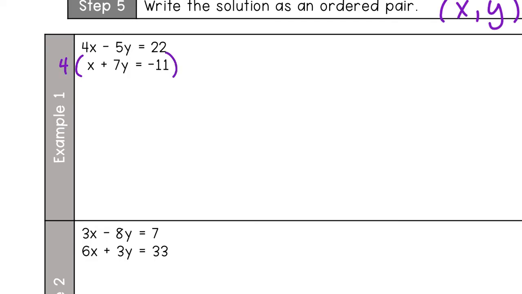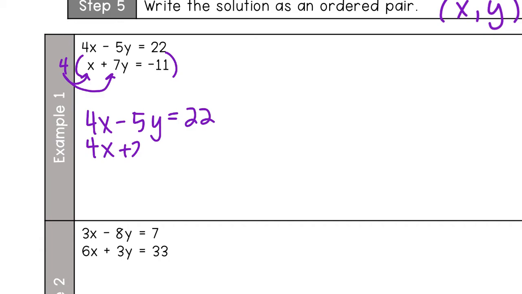So the first equation, equation number 1, I'm just going to rewrite it. 4x minus 5y equals 22. But that second equation, let's multiply that by 4. So 4 times x gives me 4x. 4 times 7 would give me 28. And then 4 times negative 11 equals negative 44.